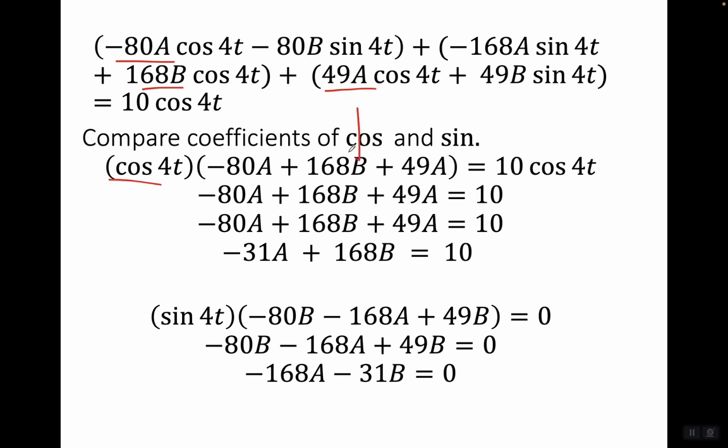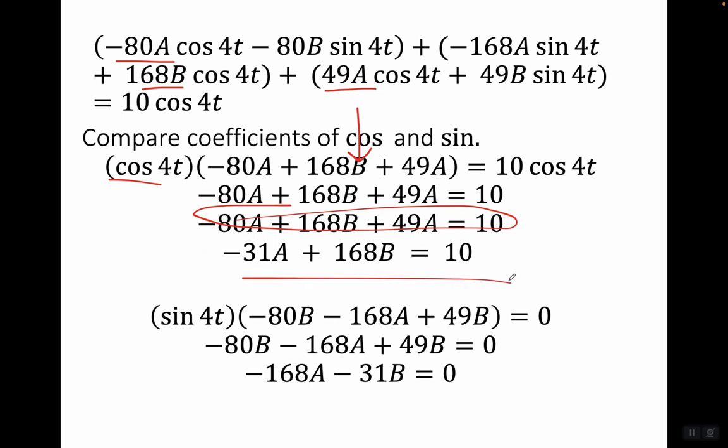Cosine 4t times that equals 10 cosine 4t. Simplify that by dividing both sides by cosine 4t, and we end up with negative 80a plus 168b plus 49a equals 10. In other words, after simplification, negative 31a plus 168b equals 10.